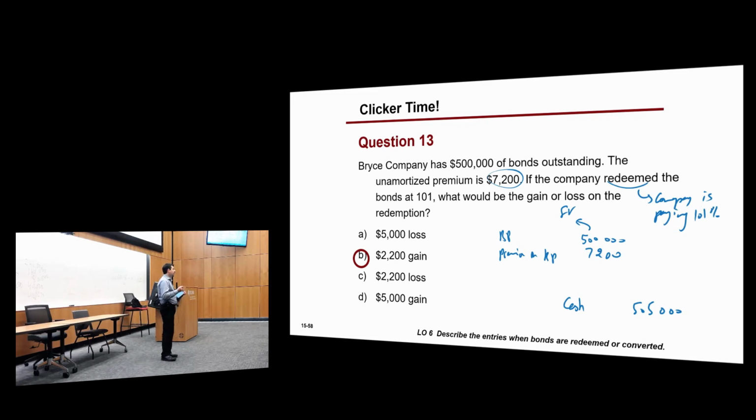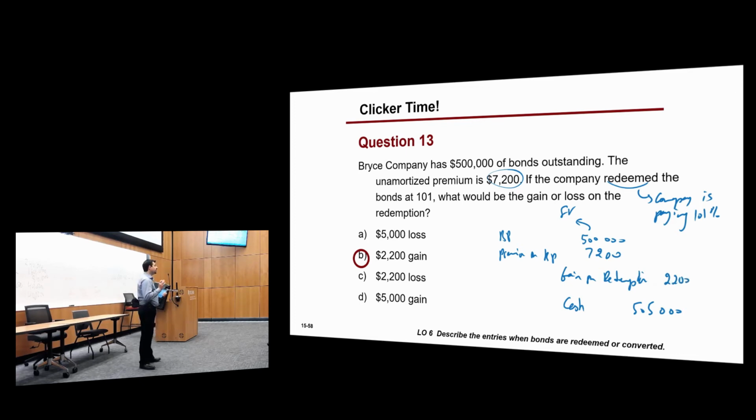That's the carrying value, which simply means this is the value according to the company's books. How much did the company actually pay? The company paid 505,000, so they paid less than the value according to their books. So the difference will be a gain on redemption, in the amount of 2,200.